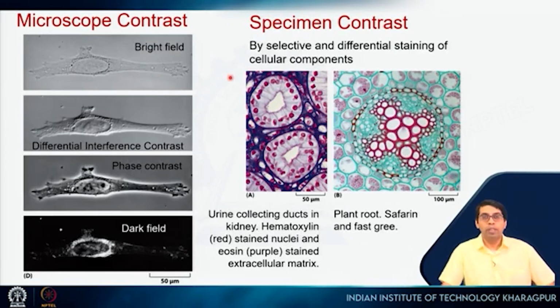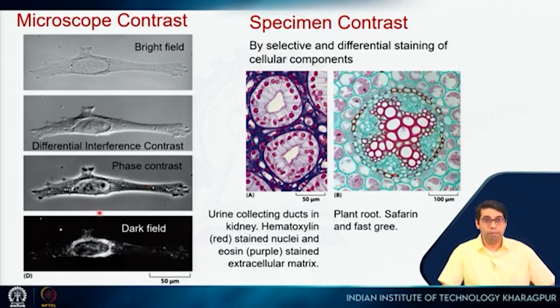Light microscope can be of various types. So, there are 4 different types of images that are shown, which are all taken by different types of light microscopic techniques. All of these depend on the fact that when light is passing through a medium, there is refraction, right, because the refractive index is different. So, you have seen that if you put a spoon inside a cup of water, then the spoon appears to be bent, that is because of refraction, right.